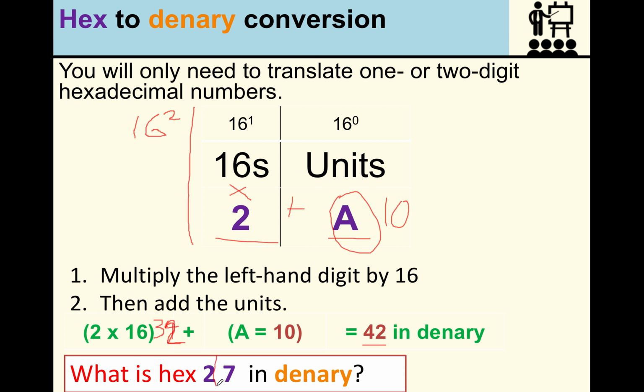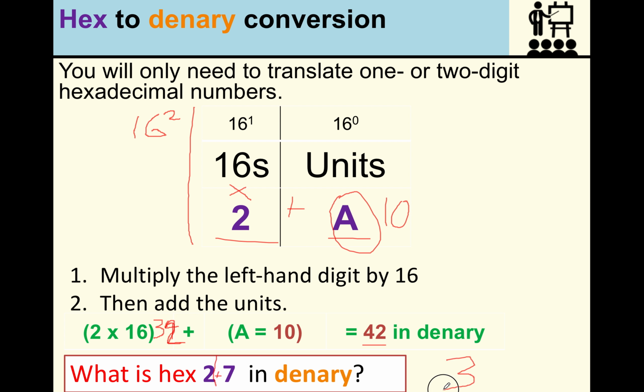So before I move on, try and do the following calculation. What would 27 hex be in denary? You need to do 2 times 16, because that's in the left column, plus 7. So you should have gotten 32, if your maths is better than mine, plus 7, which will give you 39.